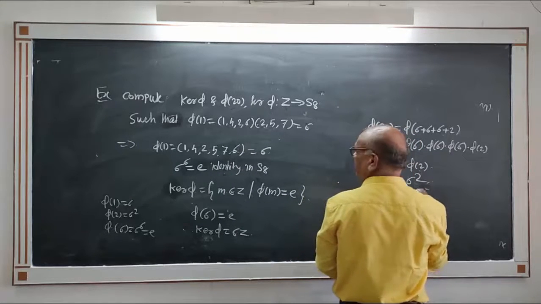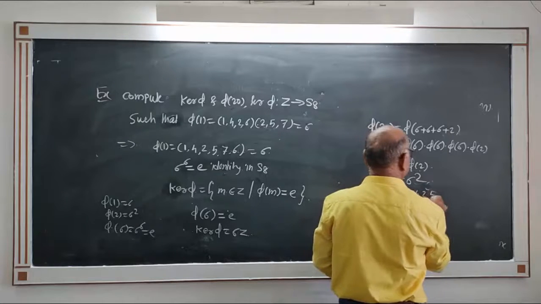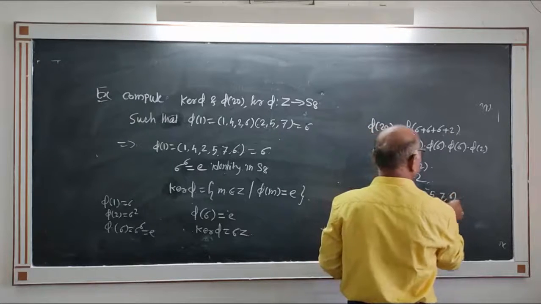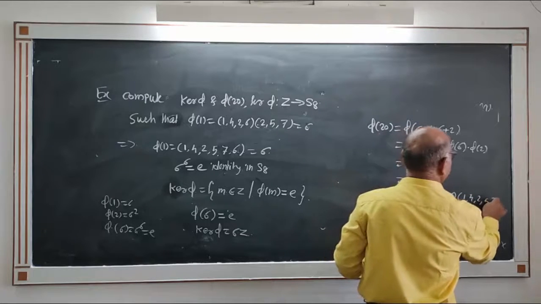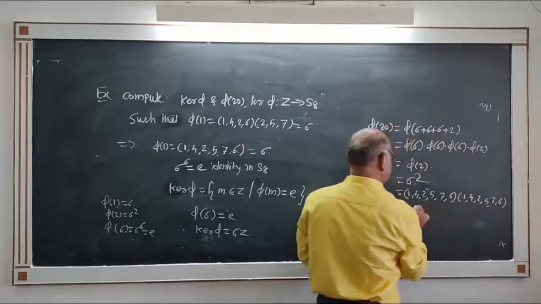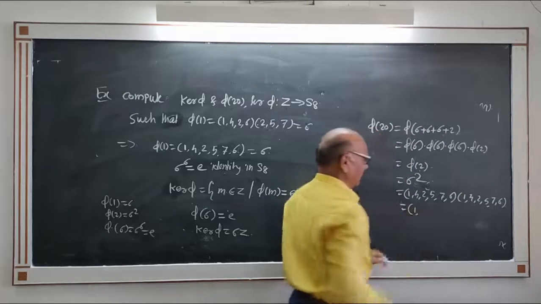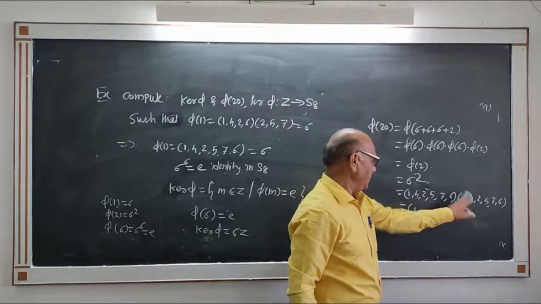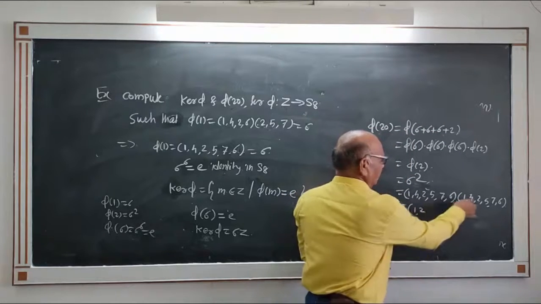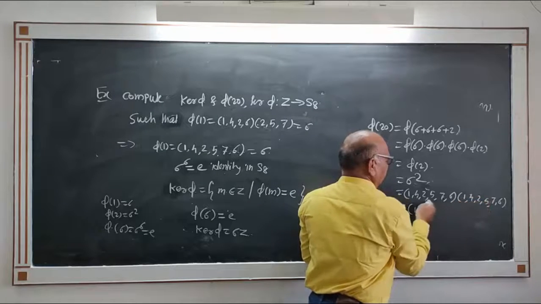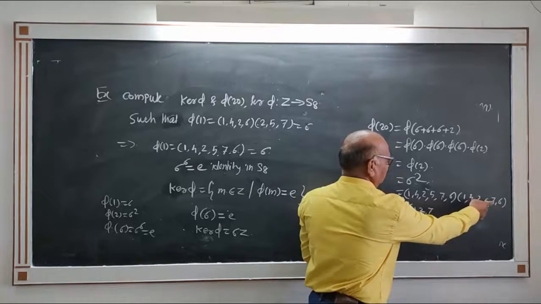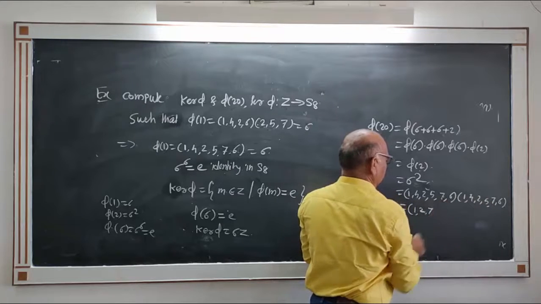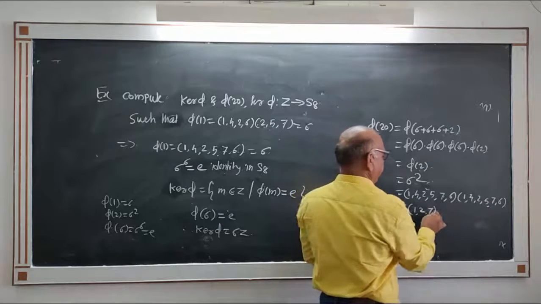Phi of 20 is sigma square, which is (1 4 2 5 7 6). Take 1: 1 goes to 4, 4 goes to 2, 2 goes to 5, 5 goes to 7, 7 goes to 6, 6 goes to 1.